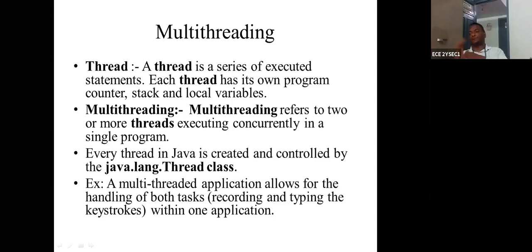Multi-threading refers to two or more threads executing concurrently in a single program.